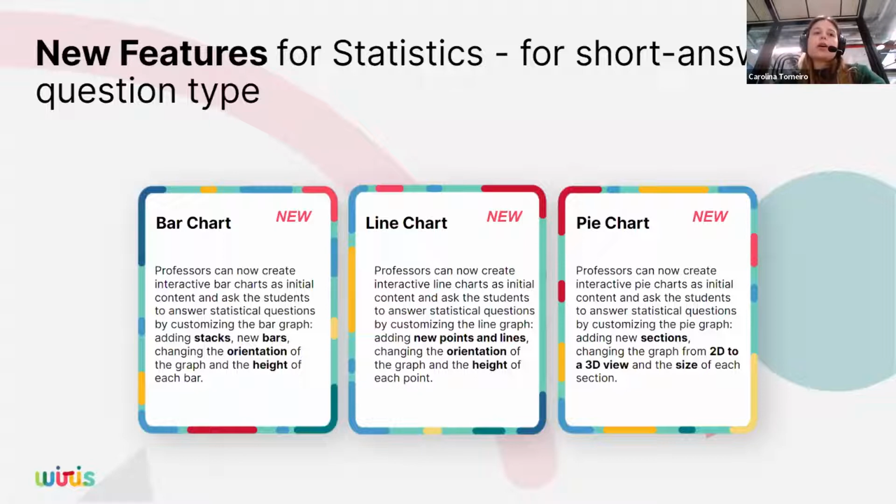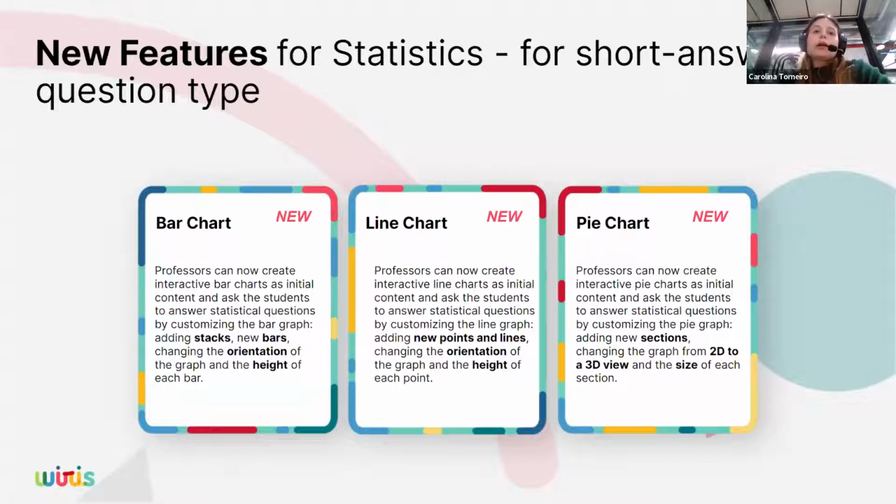So right now we are offering statistical graphs. In this case, bar charts. For bar charts, you're able to add bars, stacks, change the orientation of the bar charts from vertical to horizontal, and also change the height of each bar. The colors of the stacks and the bars are also customizable. And this is now available on the short answer type inside the graph typology.